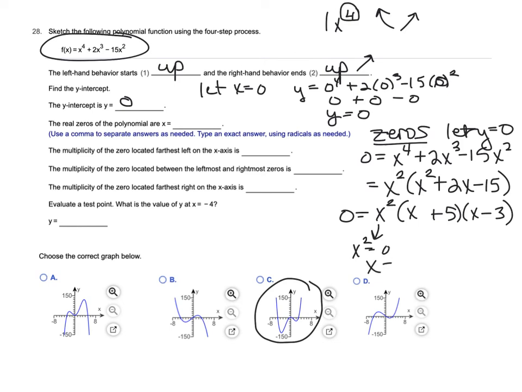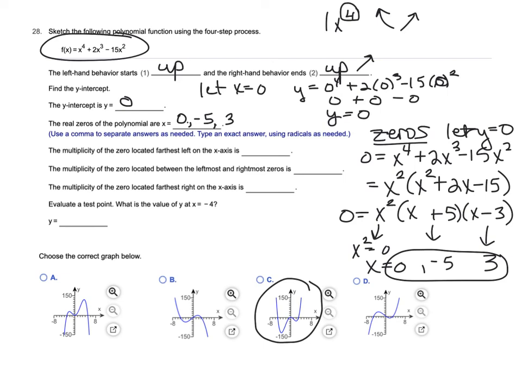You get x equals 0. This one would give you a negative 5, and that one would give you 3. So these are what we call our zeros, which are also our x-intercepts. So the real zeros of the polynomial are 0, negative 5, and 3. It doesn't matter what order you write them, but that's the answer for that.